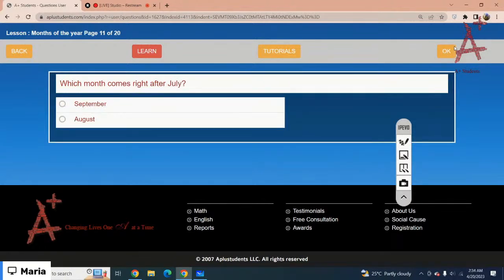Okay, which month comes right after July? Right after July, it would be August.